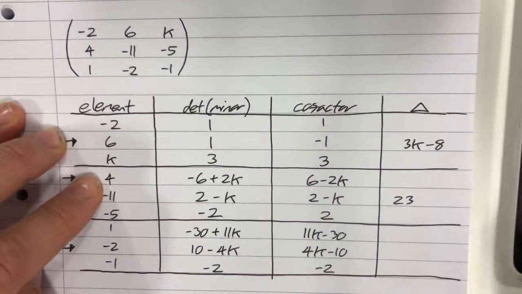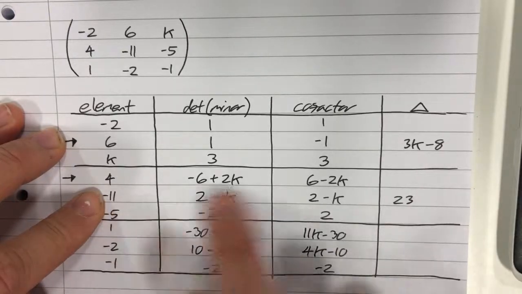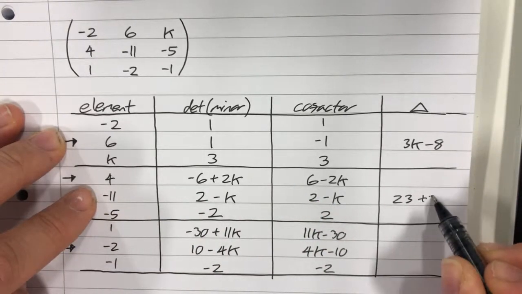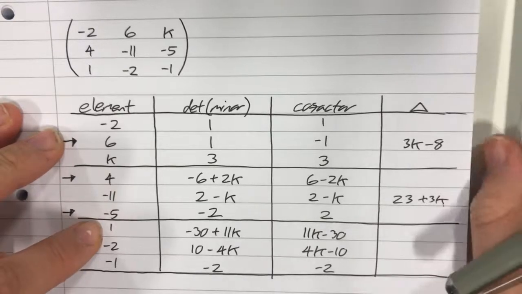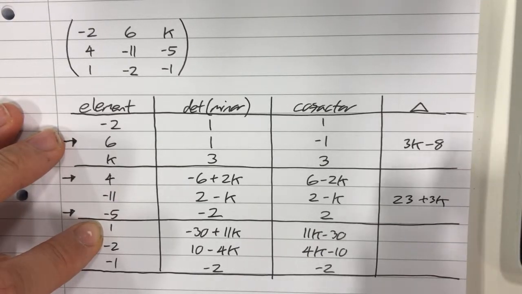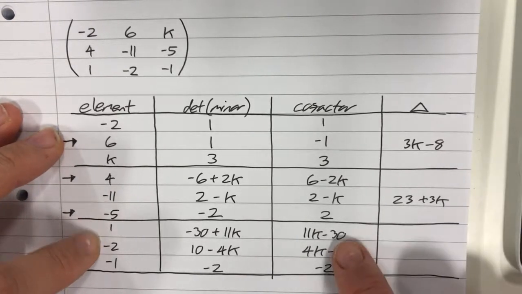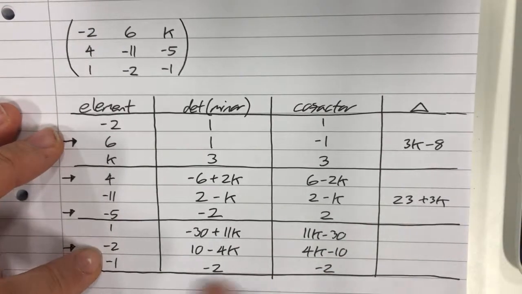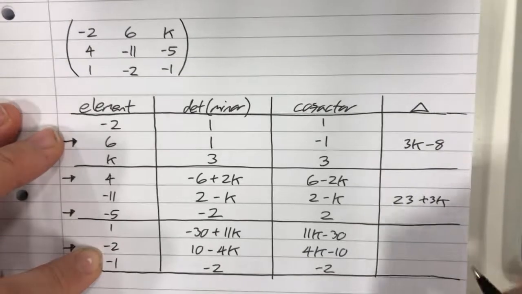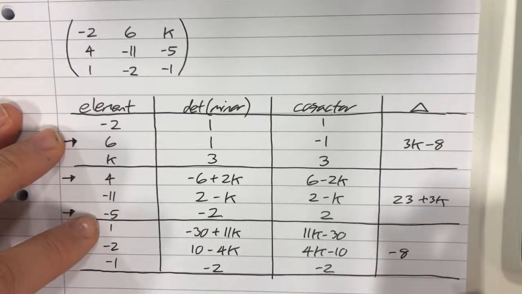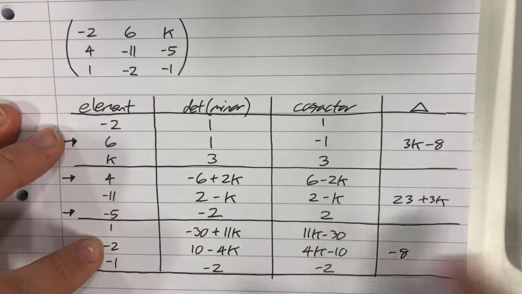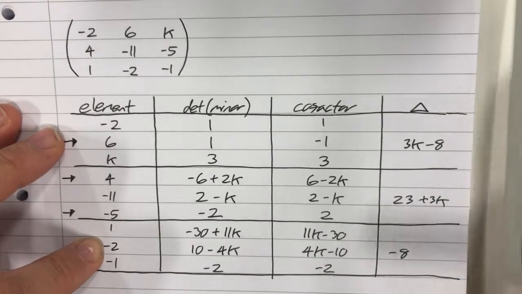And then I get minus 8k plus 11k is indeed plus 3k. And then this one here, I'm going to get minus 30 plus 20 plus 2 is minus 8. And then the coefficient of k, I'm going to get 11 minus 8 is 3.